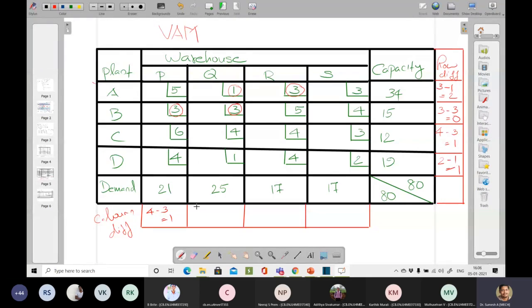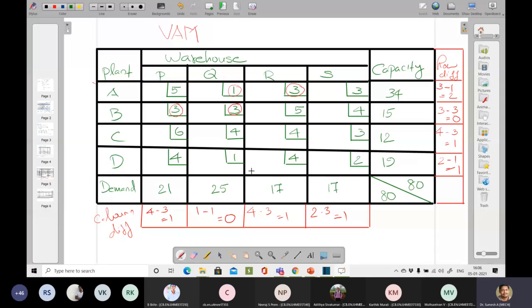Next, 4 minus 3 equals 1. Next, 3 minus 2 equals 1. Now we have calculated the differences among the rows and columns.